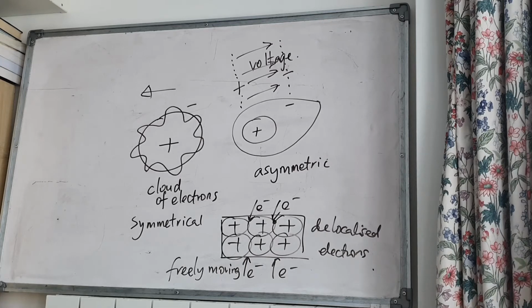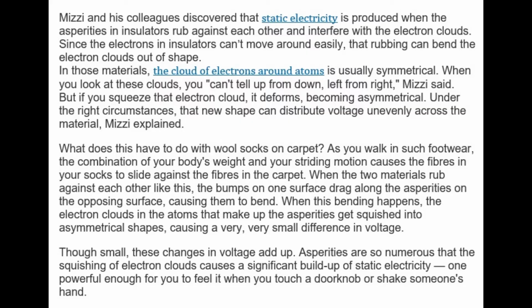You end up with a voltage. Now this voltage, how does this explain static electricity? Alright, so static electricity is actually quite hard to explain, but let me just read an article that I copied and pasted from Live Science. Mizzi and his colleagues discovered that static electricity is produced when the asperities in insulators rub against each other and interfere with the electron clouds.